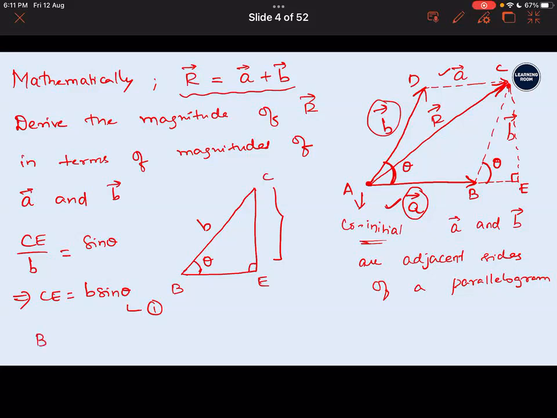In a similar way, I can write BE divided by B is equal to cos theta, which implies BE is equal to B cos theta. Let me call this equation number 2. So to put it in simple terms, this will be B cos theta, and this side will be B sin theta. So make a note till this point.